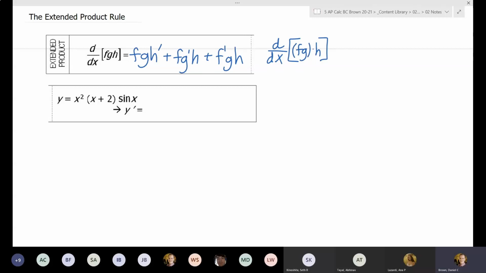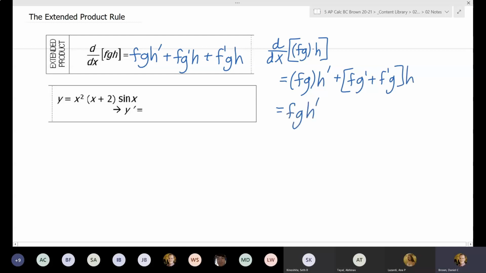So if I just use the old-fashioned product rule, I would have the first times the derivative of the second, plus now taking the derivative of the first times the second, distributing that h across. This is where the extended product rule comes from. And that way works. It's a little bit longer, but it is definitely an acceptable way.